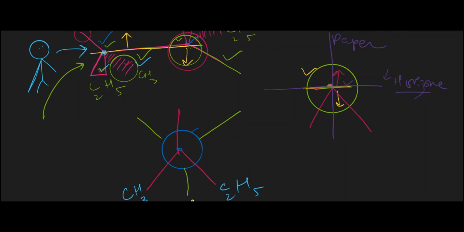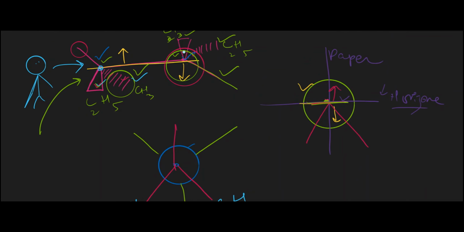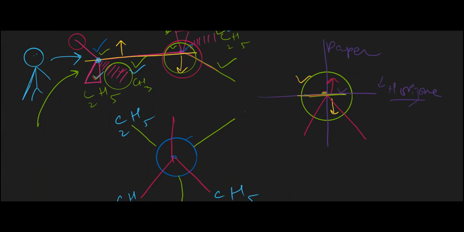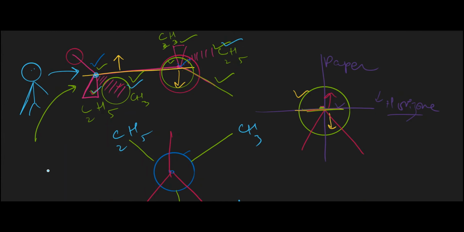It's ethyl, and this is wedge, and these two carbon atoms are above and below respectively.